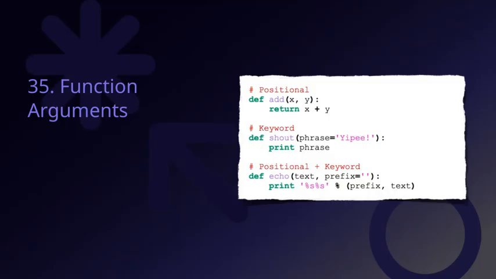Let's talk about function arguments. When we define functions, arguments are the values we pass into them so they can perform their tasks. These arguments are essential because they allow us to make our functions flexible and reusable. Think of them as the input data that the function needs to operate correctly. It's important to understand that arguments can be different types, like numbers, strings, or even other functions.